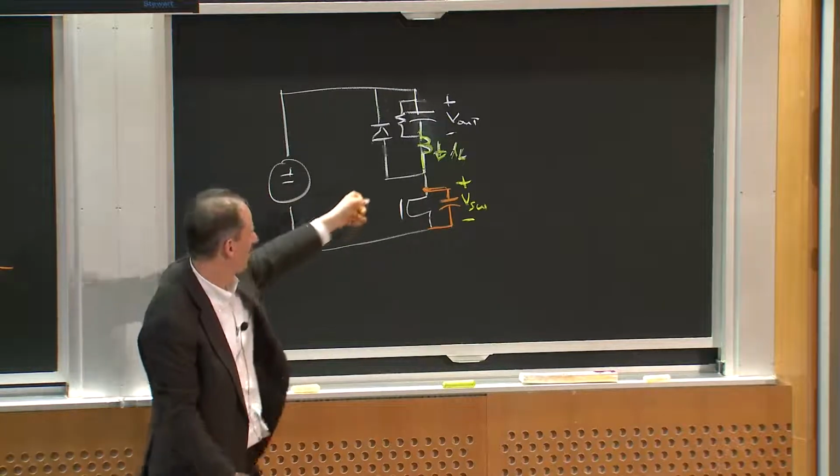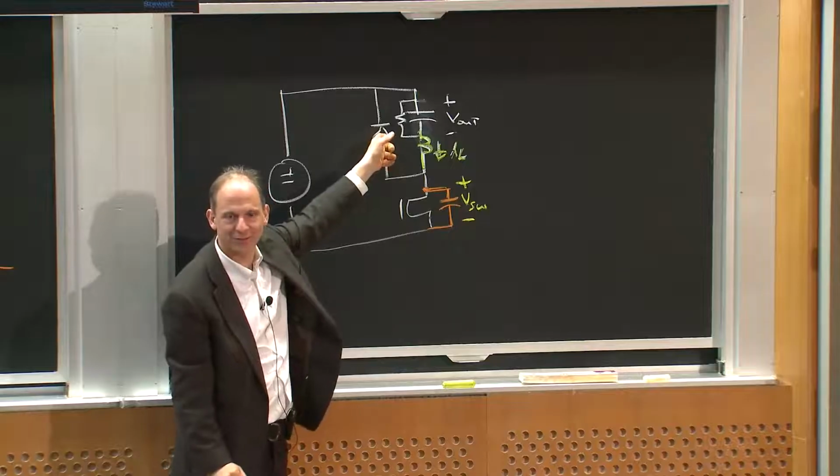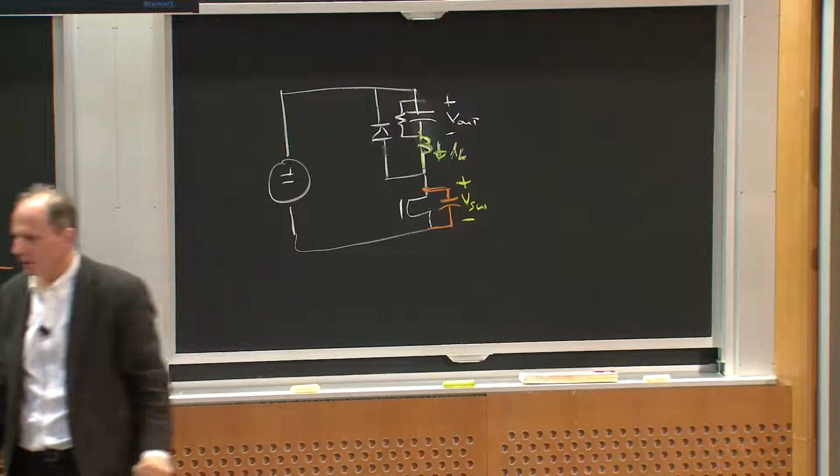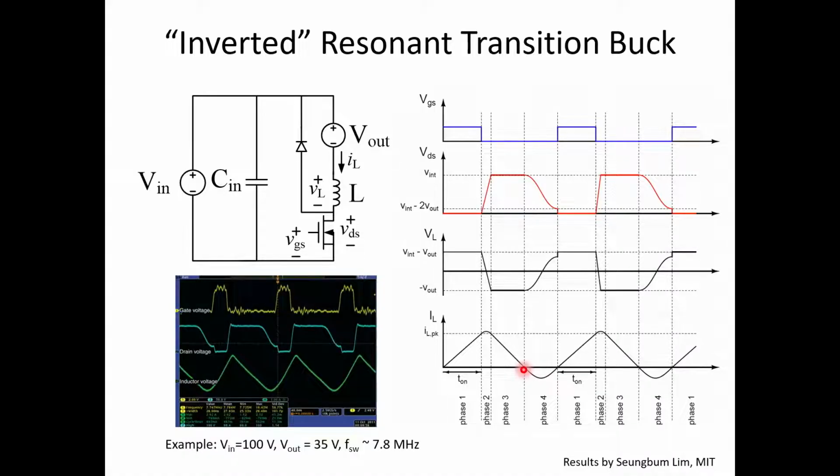By the way, this diode is turned off at 0 current, naturally, because the current's ramped down to 0. But what's going to happen then, the inductor and the capacitor are going to ring with each other, and the voltage across the transistor is going to ring down. How far is it going to ring down? That makes for a great homework problem. But it's going to ring down to V in minus 2 V out.